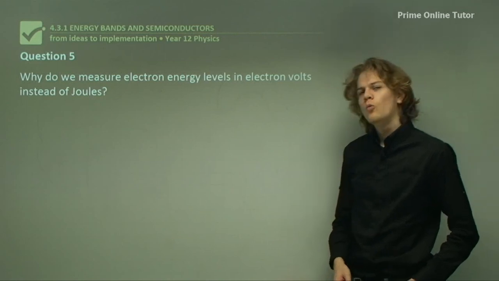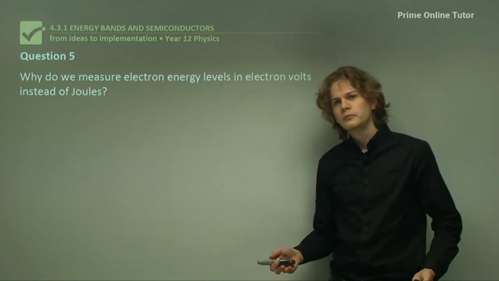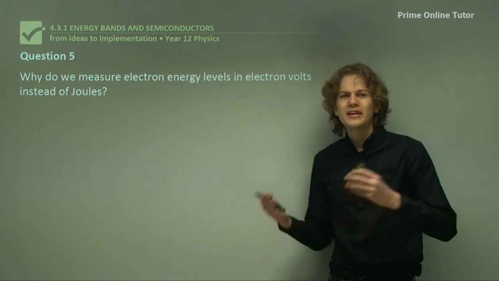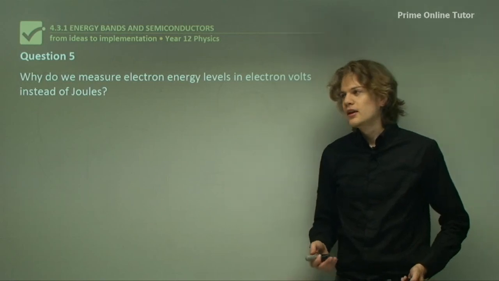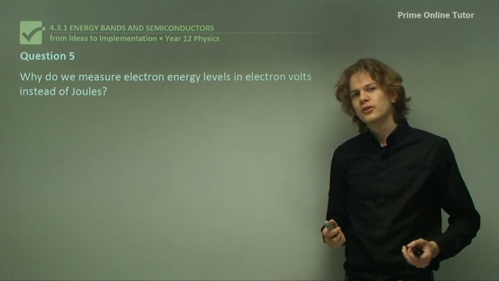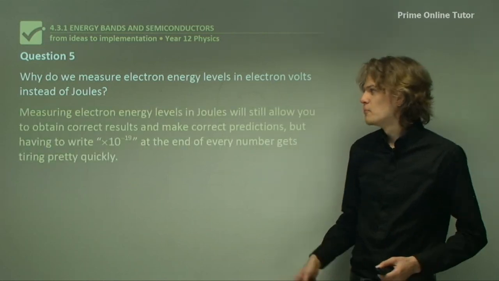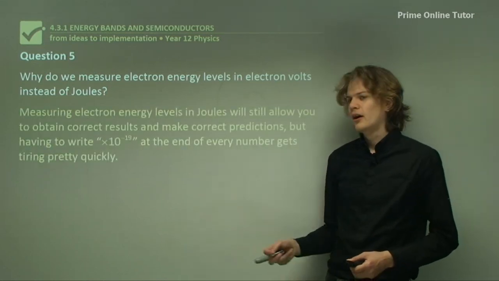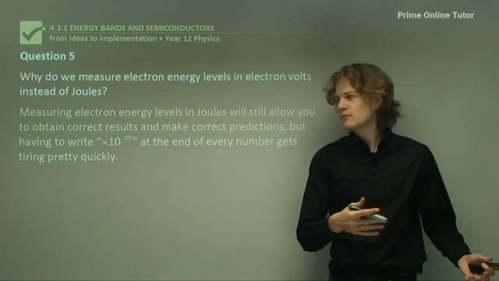Question 5. Why do we measure electron energy levels in electron volts instead of joules? Surely we're more used to joules, so it would be easier to measure that. Well, the reason for this is because if we were to measure it in joules, it would be a little harder to write everything down. So measuring electron energy levels in joules means that we're always writing times 10 to the minus 19 next to everything.